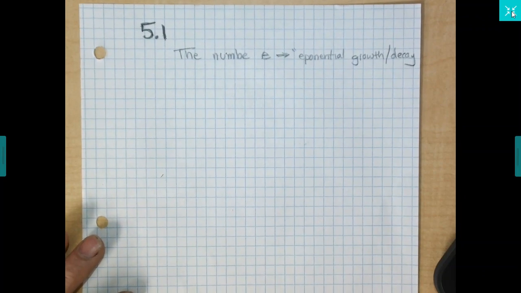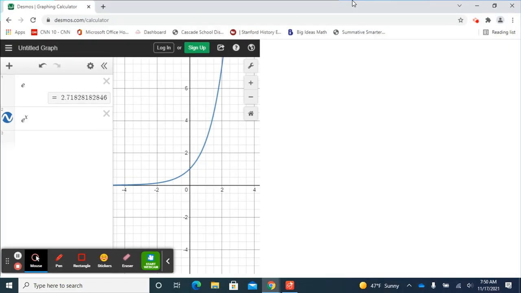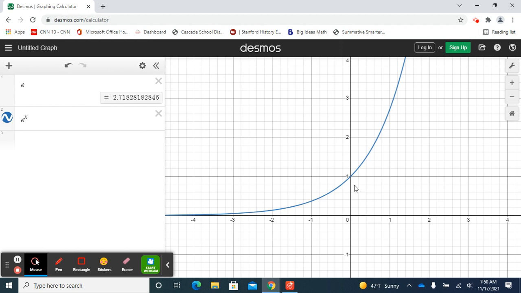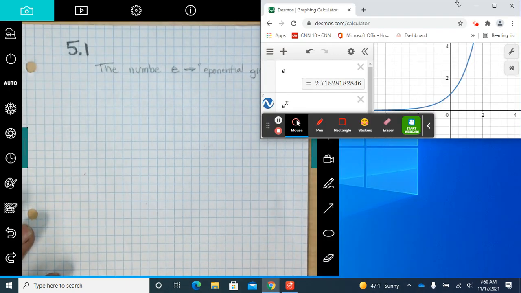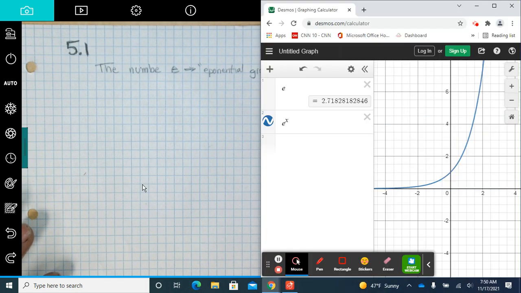Let me give you a visual of exponential growth or decay right here. So this is exponential growth, and this is the rate at which exponential growth rises. Now, what does that mean?